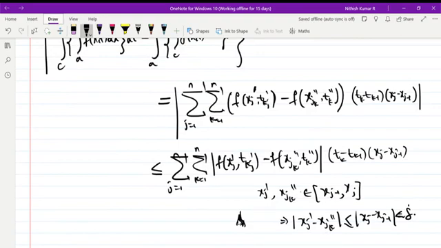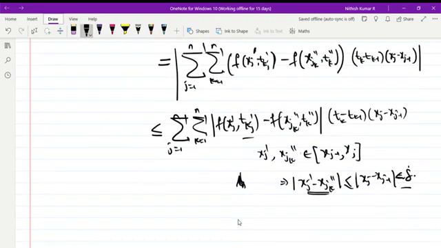Now this difference is less than delta, because we have chosen xj's and tk's such that xj is equal to a plus (b minus a) divided by n into j, and similarly, so therefore this difference is less than delta.